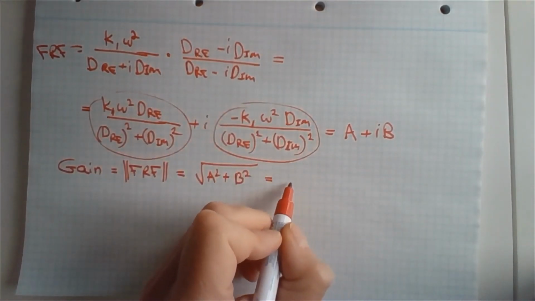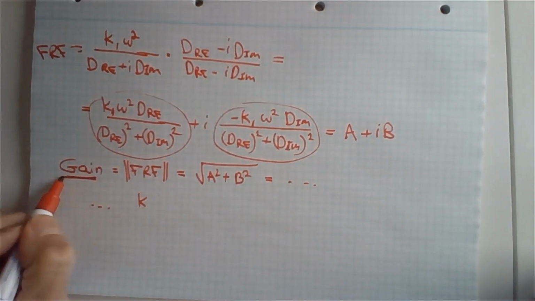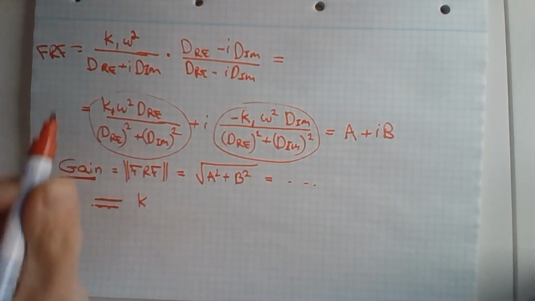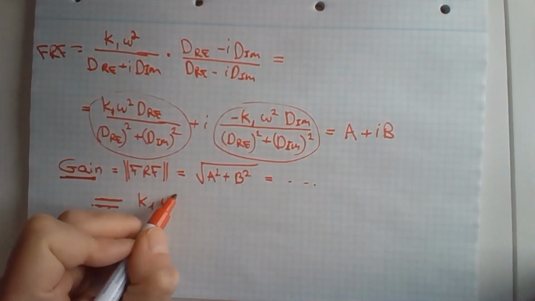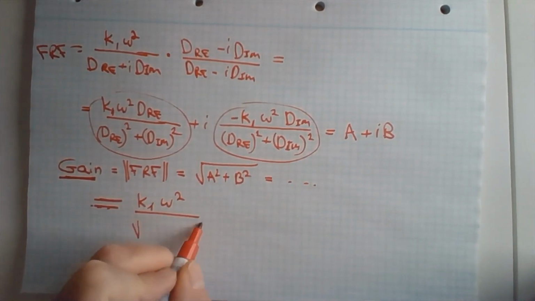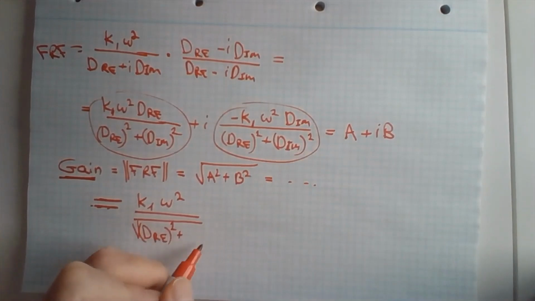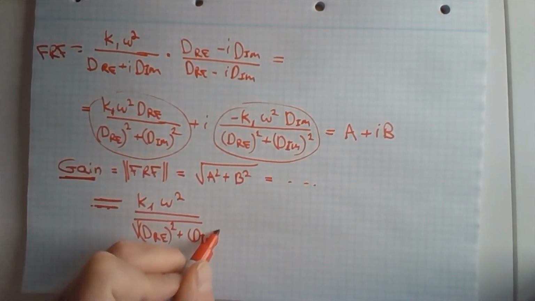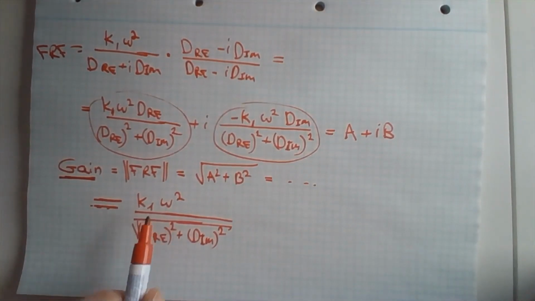And if we perform this, we end up with the following: the gain, or the size of the frequency response function, is equal to K1 omega squared divided by the square root of DRE squared plus DIM squared. So this is the frequency response function's size, or absolute size.